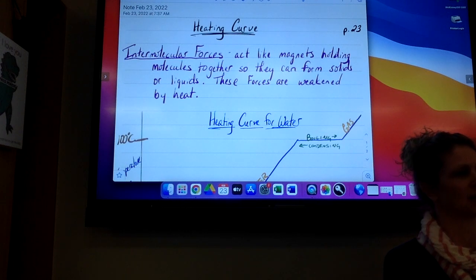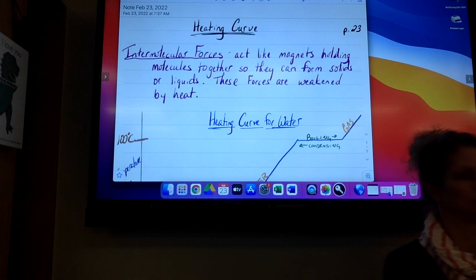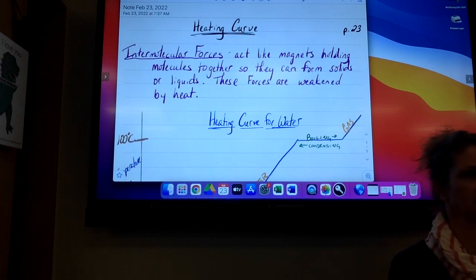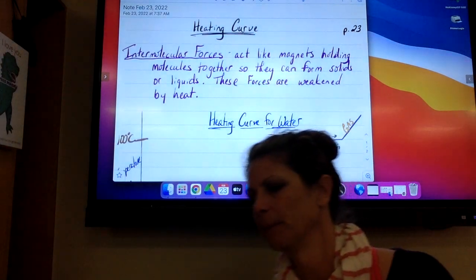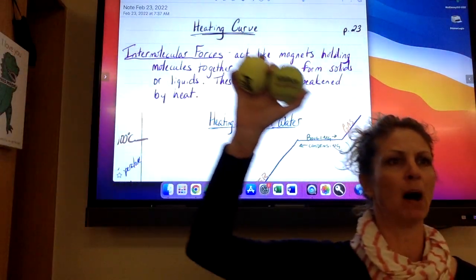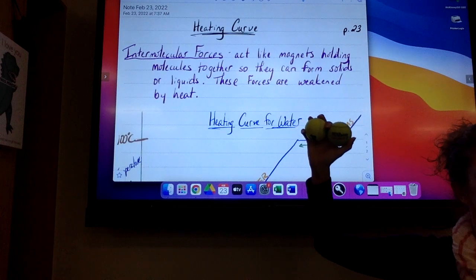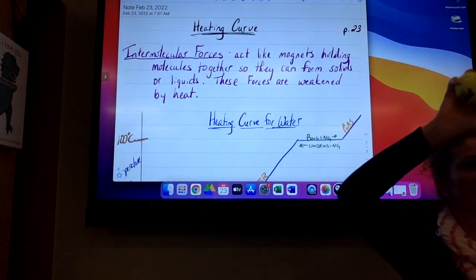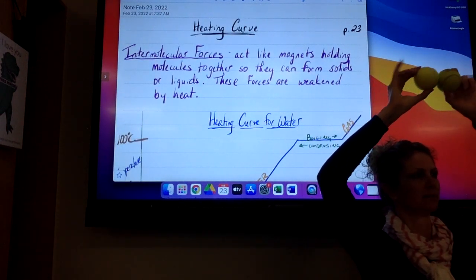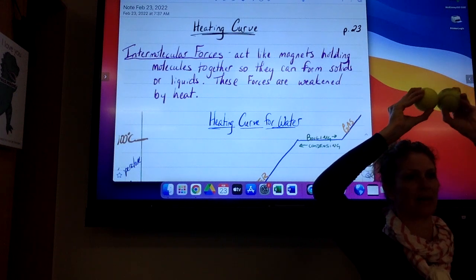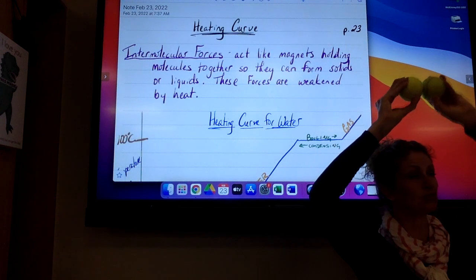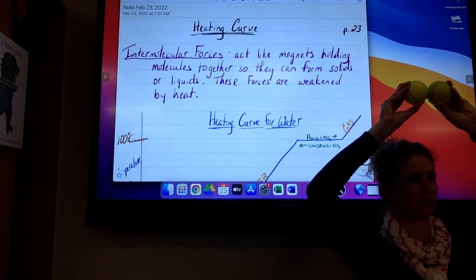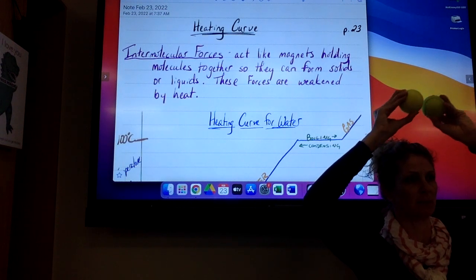So how is it that we have solids, liquids, and gases in this room right now that are all at 72 degrees? The answer is that some molecules, like the molecules of this desk, have super strong magnets. And so they stay together even when heated up. You have to really heat them up to get them to liquefy, to get them to melt.